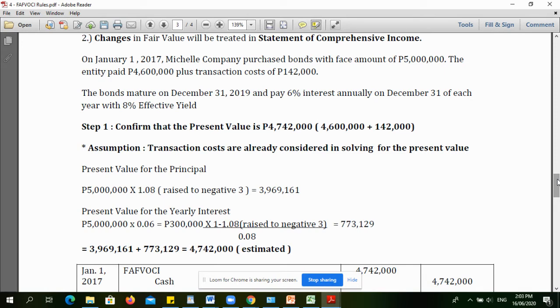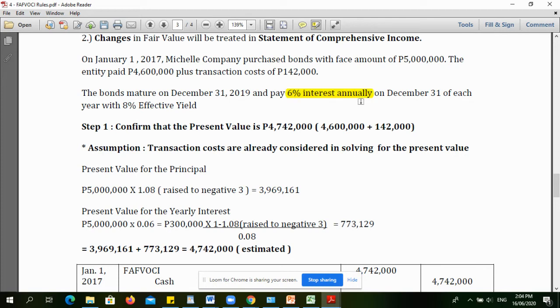On January 1, 2017, Michelle Company purchased bonds with face amount of 5 million pesos. The entity paid 4,600,000 plus transaction cost of 142,000. The bonds mature on December 31, 2019 and pay 6% interest annually.